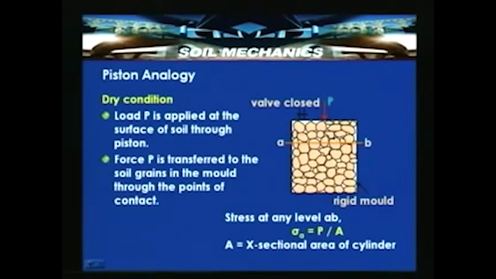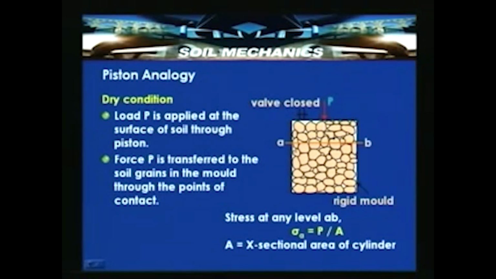Let us elaborate on this relationship, sigma is equal to sigma dash plus pore water pressure. Let us consider a piston analogy. Consider a dry condition, assuming a rigid mold filled with solid grains, and a load P is applied over a cross sectional area A. AB is the area passing through the voids as well as through the solid grains.